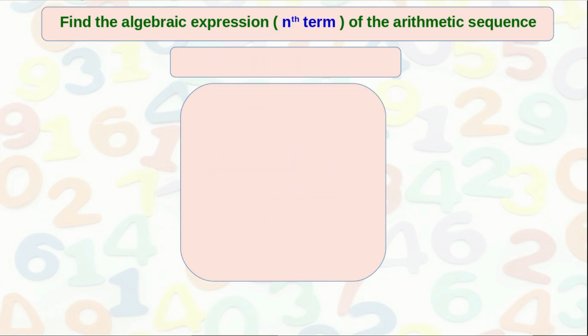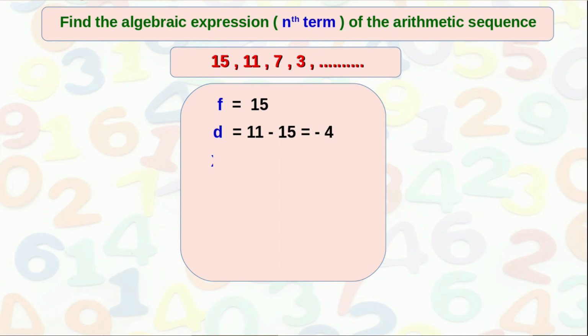Now the next sequence, 15, 11, 7, 3, etc. The first term is 15, common difference is 11 minus 15, second term minus first term, that is negative 4. Now write the expression for the nth term, xn equal to dn plus f minus d.